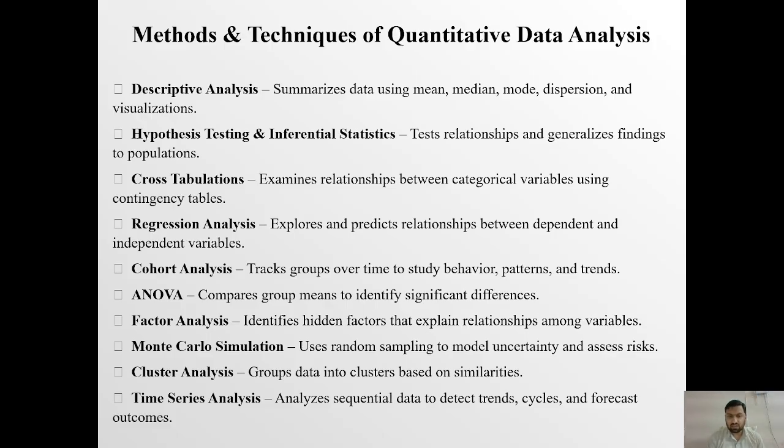Regression analysis explores and predicts relationships between dependent and independent variables. Cohort analysis tracks groups over time to study behavior, patterns, and trends. ANOVA compares group means to identify significant differences.